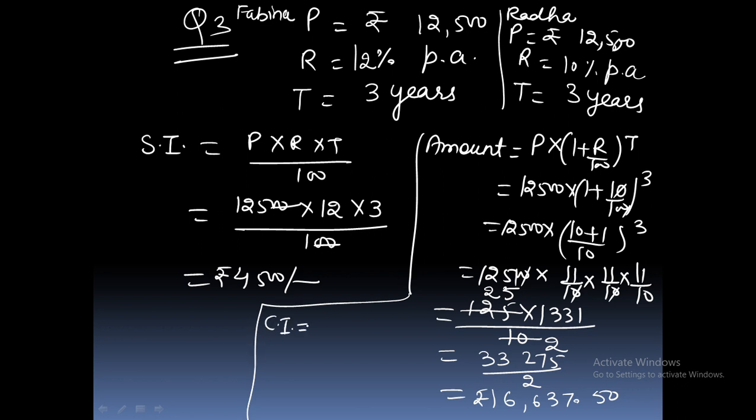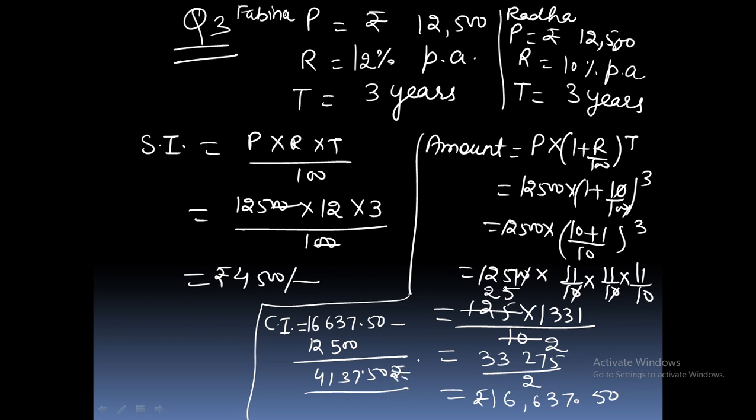Compound interest is equal to 16,637.50 minus 12,500. You will get 4,137.50 value of compound interest.